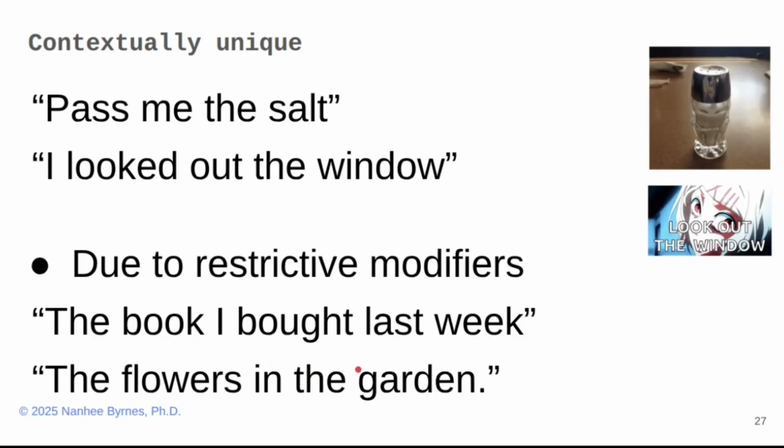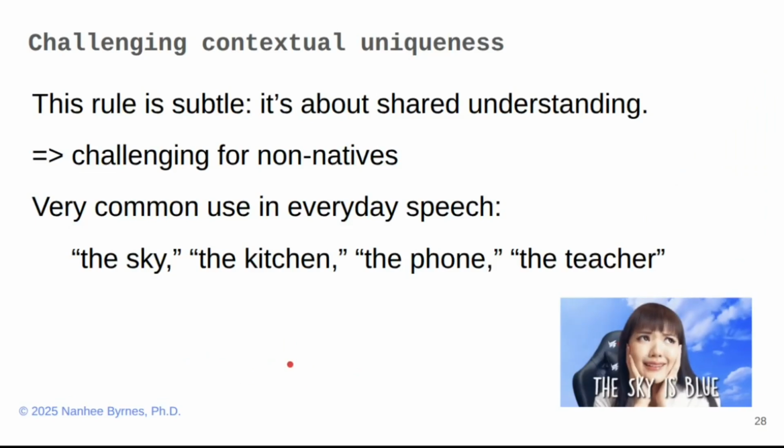It's a subtle but powerful signal to your listener. You know which one I mean. This rule can be tricky because it's not about memory. It's about shared understanding. English speakers naturally assume certain things are obvious from context, while learners might expect to use the only for things already named. But as you can see, contextual uniqueness is just as important.